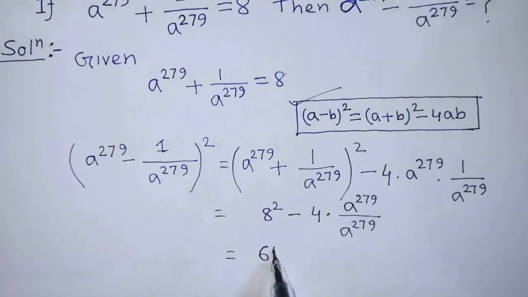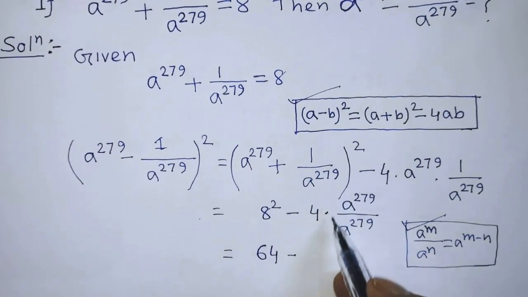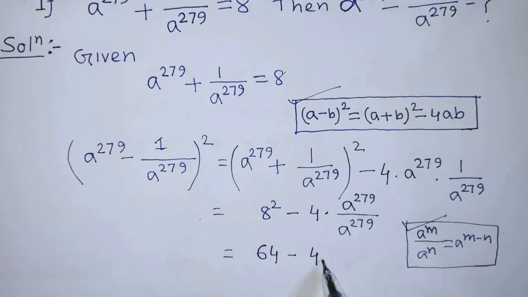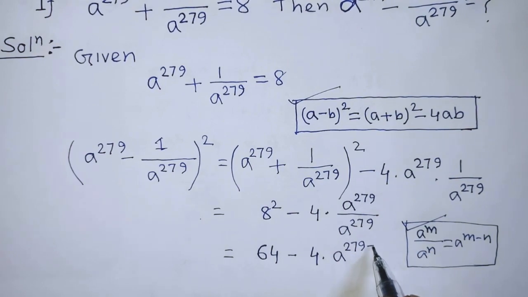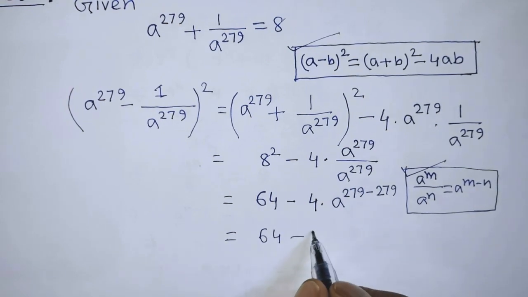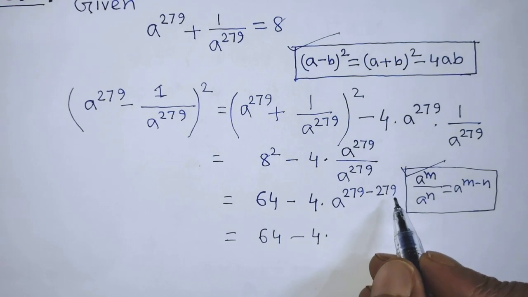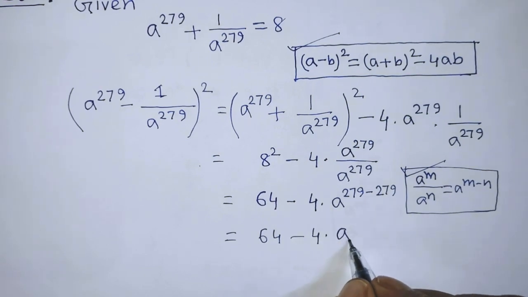So you have to write 64 minus 4 times a to the power 279 minus 279, that is a to the power 0.